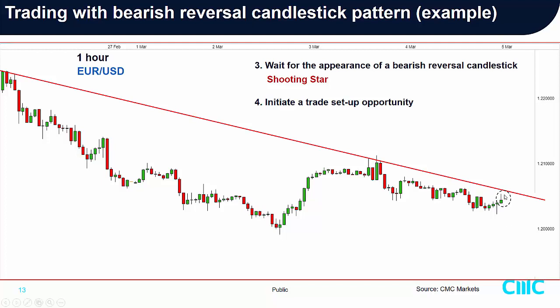Since this is the resistance level, this level here is like a make or break level. In terms of probability, with the appearance of this bearish reversal candlestick, the probability is skewing for the price action to come down and retest the previous low over here. Nevertheless, everything in trading is probability, and if we are wrong, we know we have to get out fast at this level.